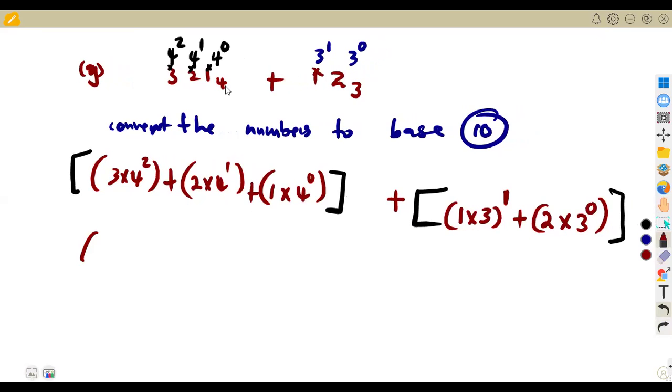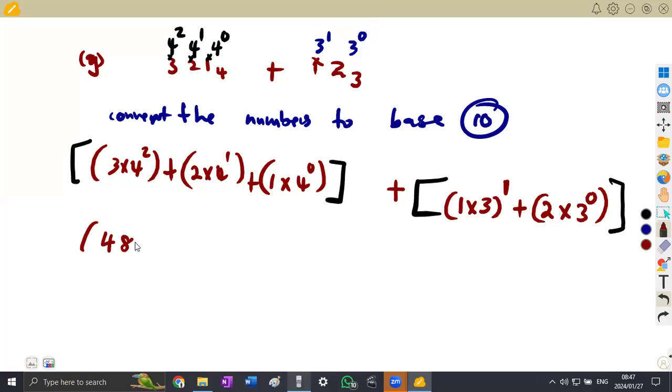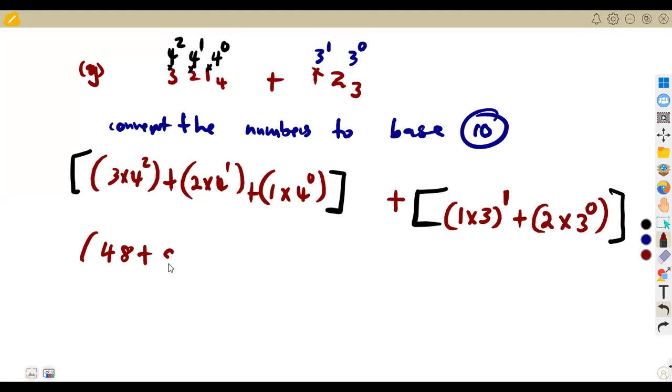You can even simplify as much as you can. That is 3 times 4 squared, which is 48. So we've got 48 plus 4 to the exponent of 1, that is a 4. 4 times 2, which is 8, plus 4 to the power of 0 here, that's a 1. 1 times 1, which is a 1.